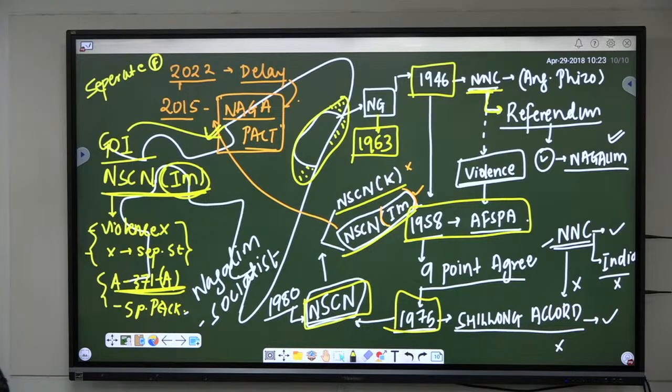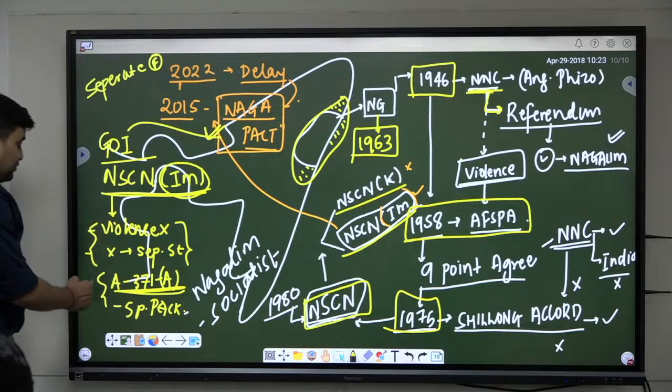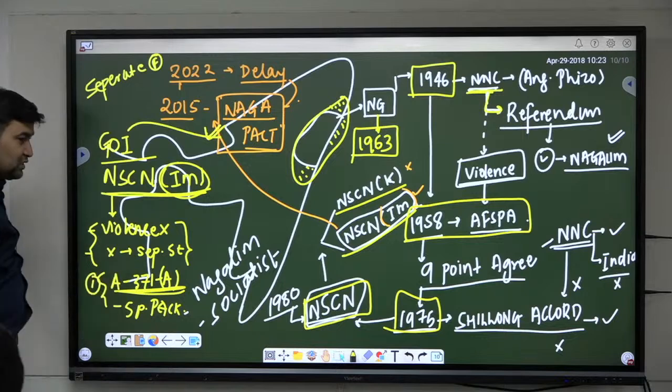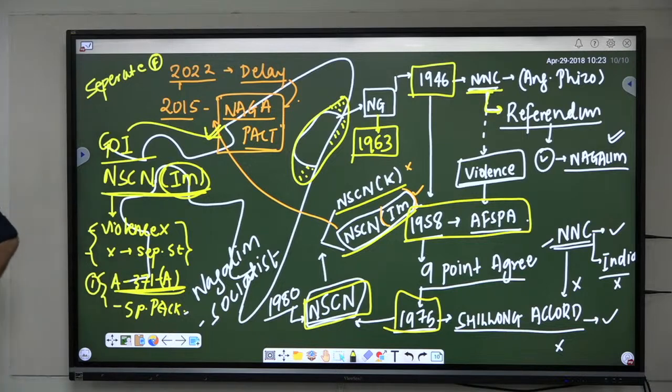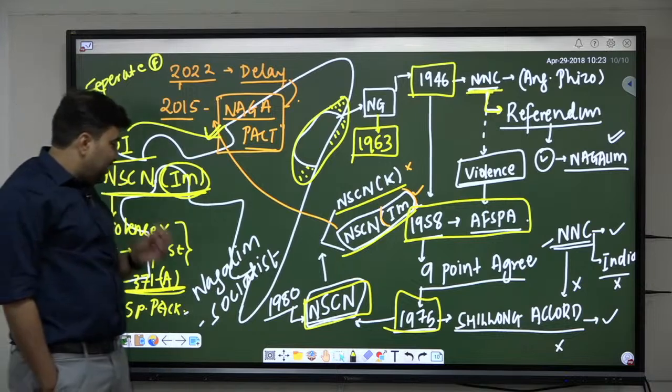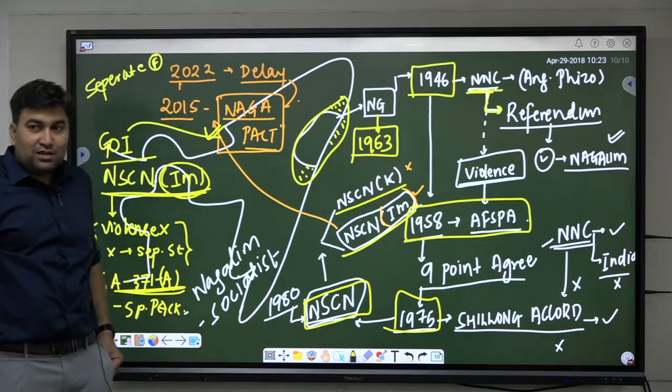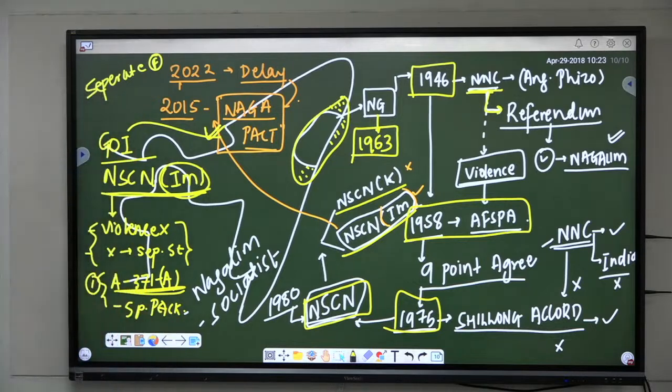As per the pact, first point, devolution of more power under which article? Article 371A.